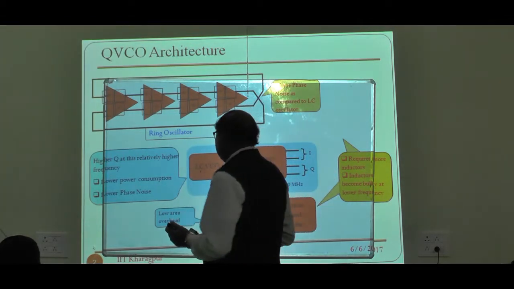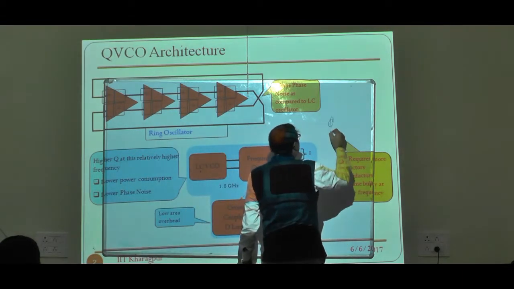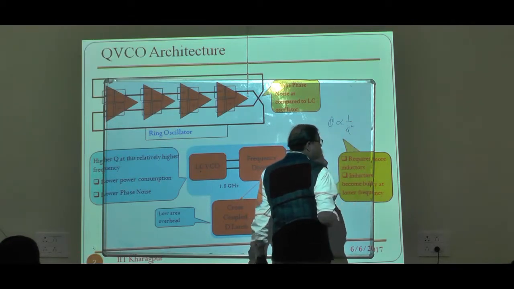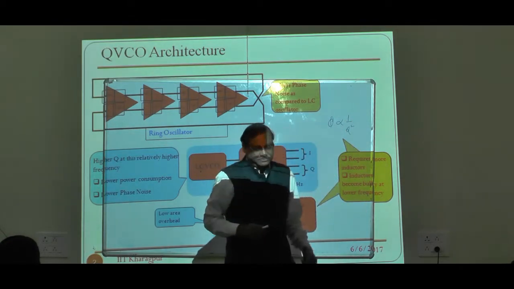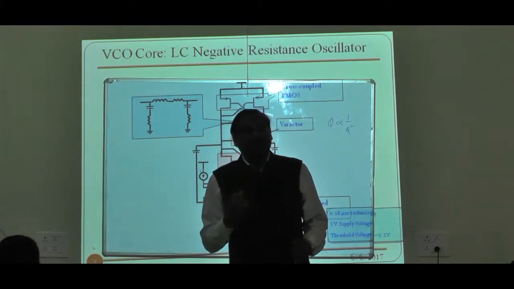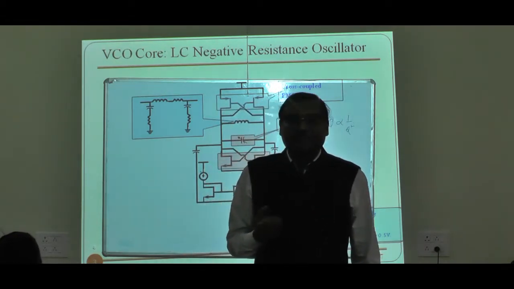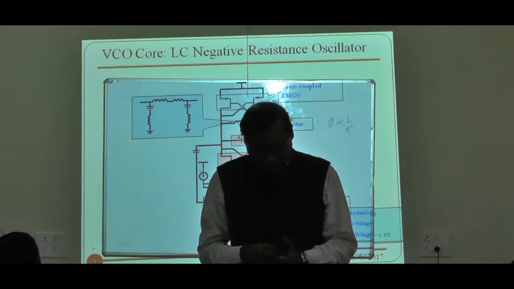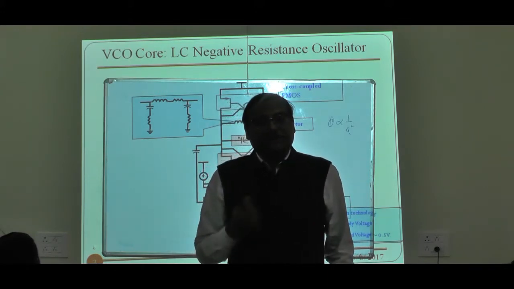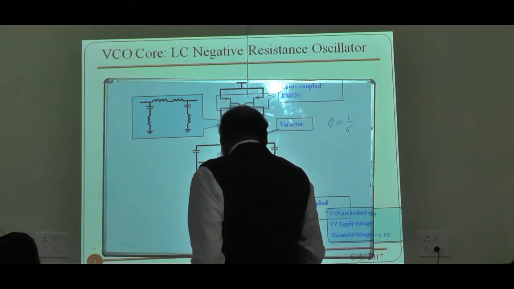Phase noise performance is inversely proportional to Q squared, so it demands high quality factors. Unfortunately, when you implement an inductor on chip, its quality factor is not that high. So you have to understand your design with those constraints already present.